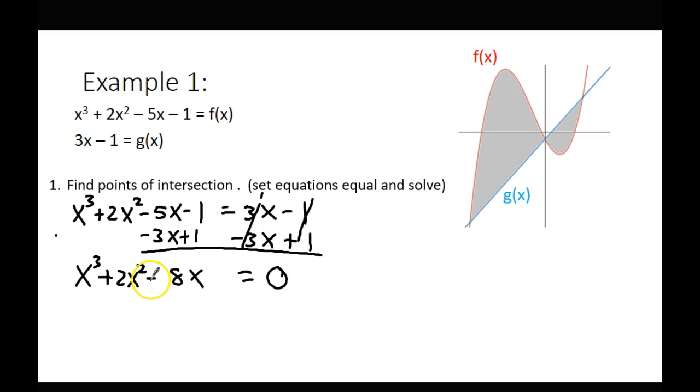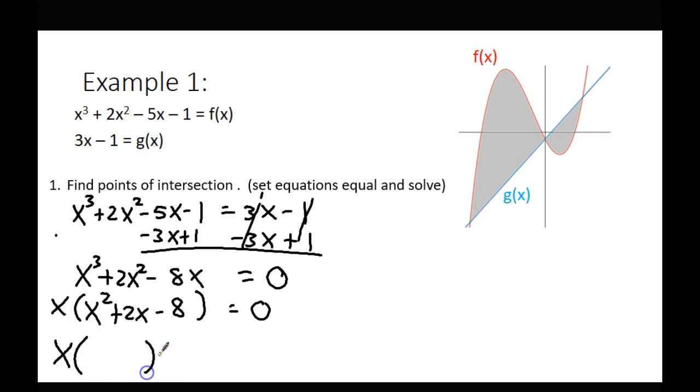After that we factor, right? So I would start by taking out an x. And then we would reverse FOIL it or do the factoring however you're used to factoring.